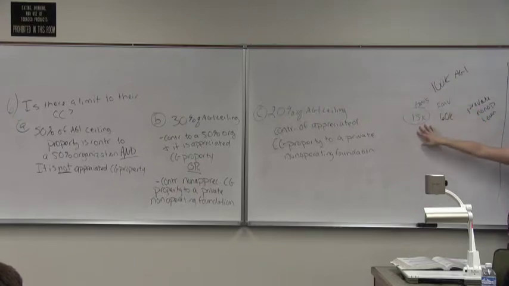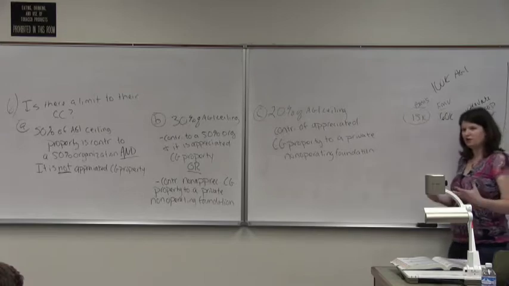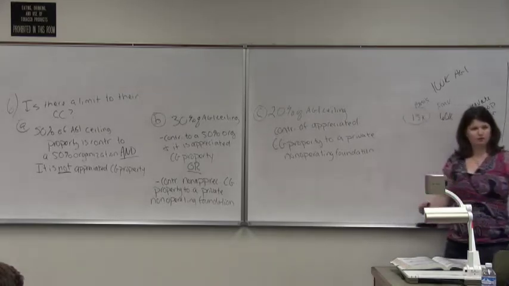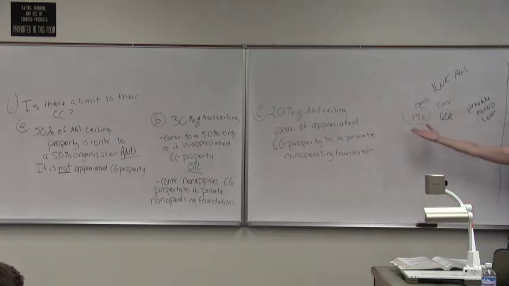So the entire amount of their contribution, they'll be able to take a deduction for it. Does everyone understand how that works? Definitely a big time saver. And on your 1040 assignment, they had charitable contributions, but if you will remember, you did not have to calculate any limits. Why? Because it was under 20% of their AGI. You didn't know that, but I told you, don't worry about calculating limits. You don't need to know that at this point, but now you do. So this is how this works.